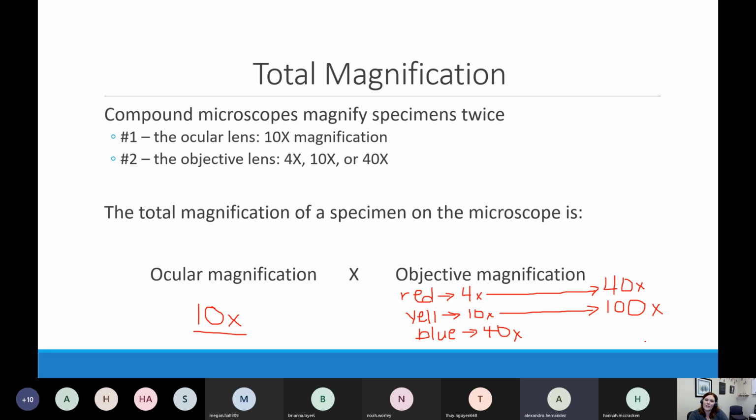And again, I mentioned that some of our tissues, like bone tissue, we're golden. 100 times bigger works. Most things, though, we got to use that blue objective pointing down. And now we're doing 10 times 40, which is 400 times bigger. So really small things, we're going to have to go all the way up to blue to see them.